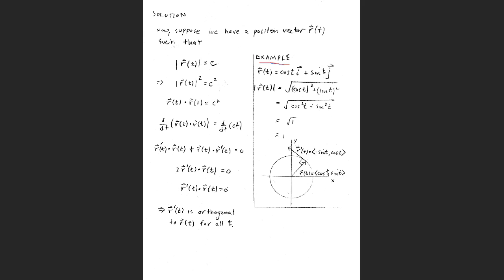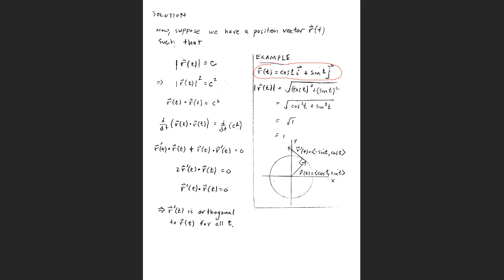And an example is a space curve like this. I'm doing something simple in two-dimensional space. But a helix would also apply here. But let's just stick with something you've seen.